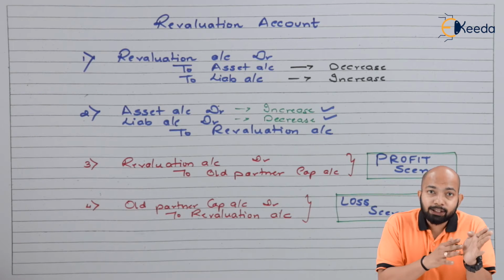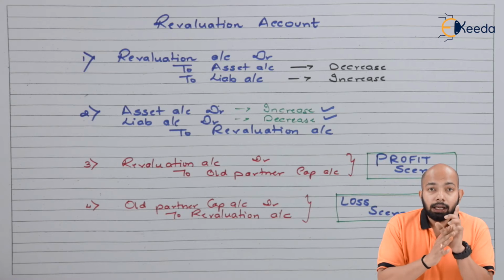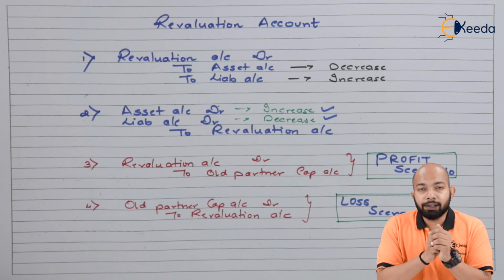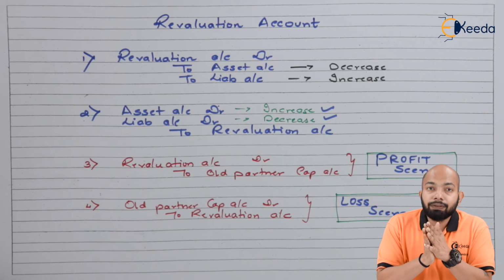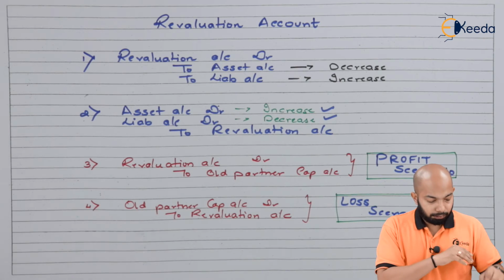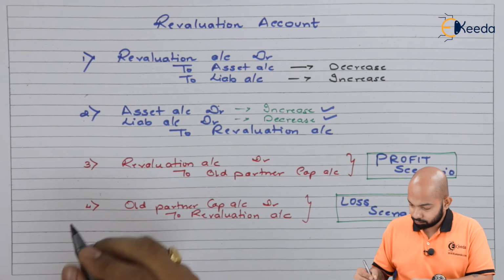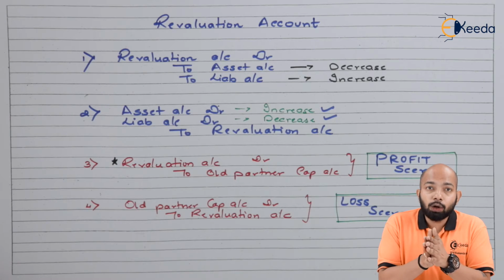So now in case of profit and in case of loss, what are the journal entries that need to be passed? In the first case, when there is a profit, revaluation account will be debited to old partners' capital accounts, which will be credited.